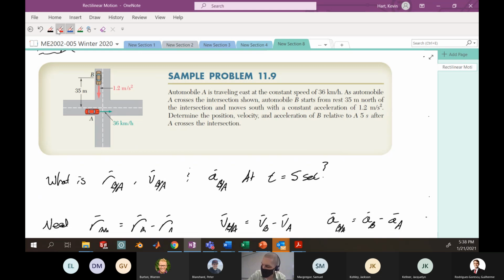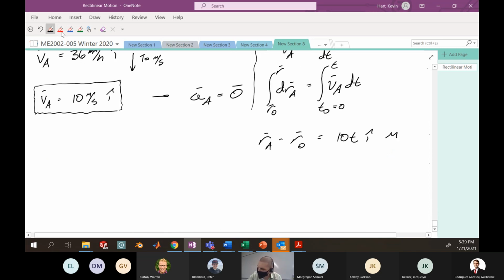As it's crossing the intersection shown, we have this constant speed. So we're free to choose where our fixed coordinate system is located. Let's locate that coordinate system right at vehicle A, or right at the middle of that intersection, maybe more appropriate. So our origin happens to be right where A is, and this initial position here is just 0.